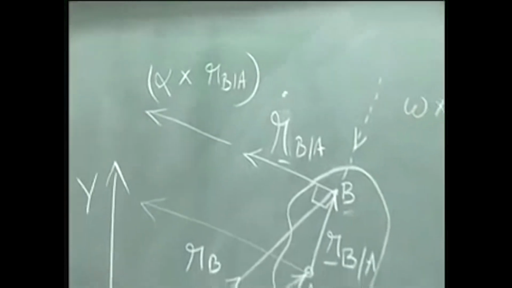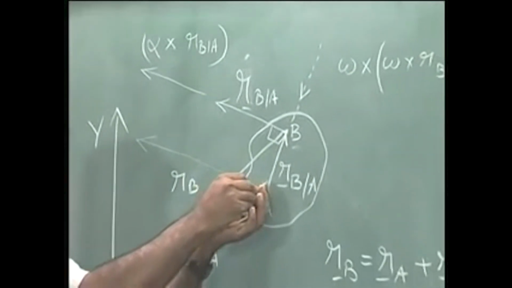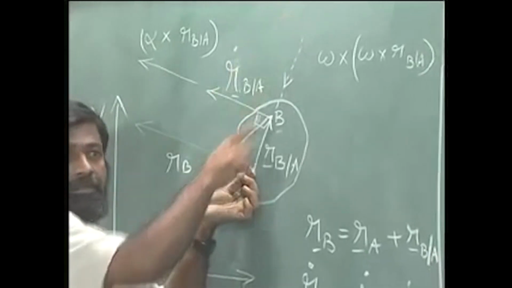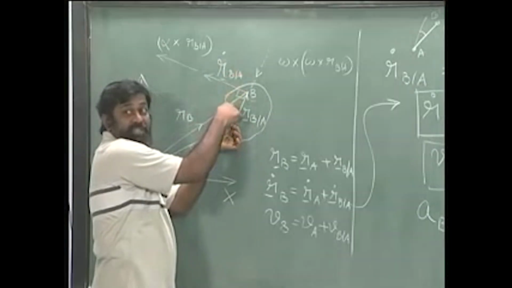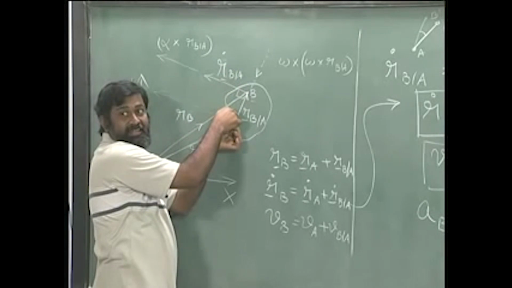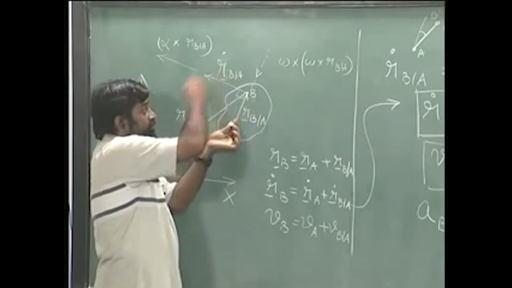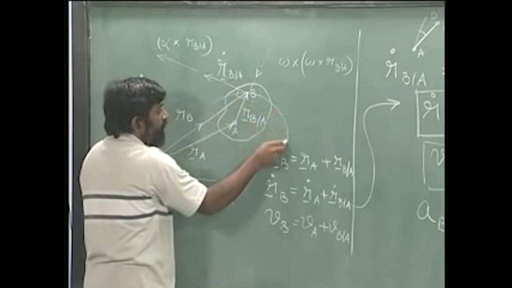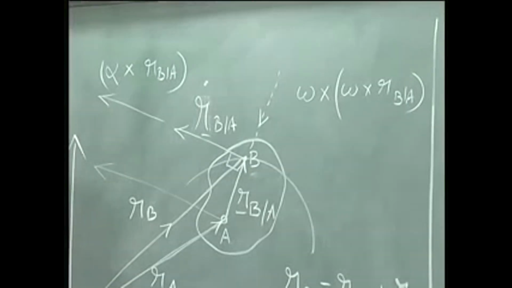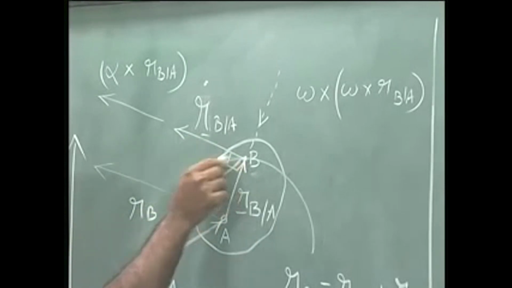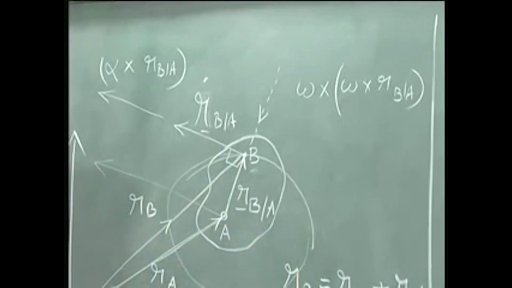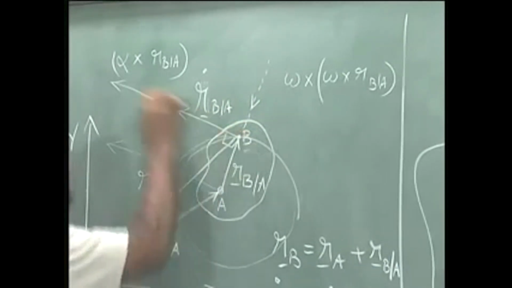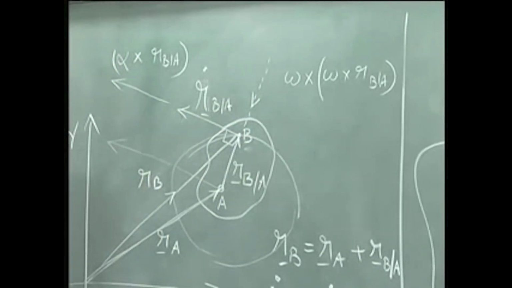Now what do I notice about this particular point? If I see this direction, it is towards A, right, it is going to rotate like this. So if I draw an arc about this A, a circle about this A, this seems to be along the radial direction and this seems to be along the tangential direction.